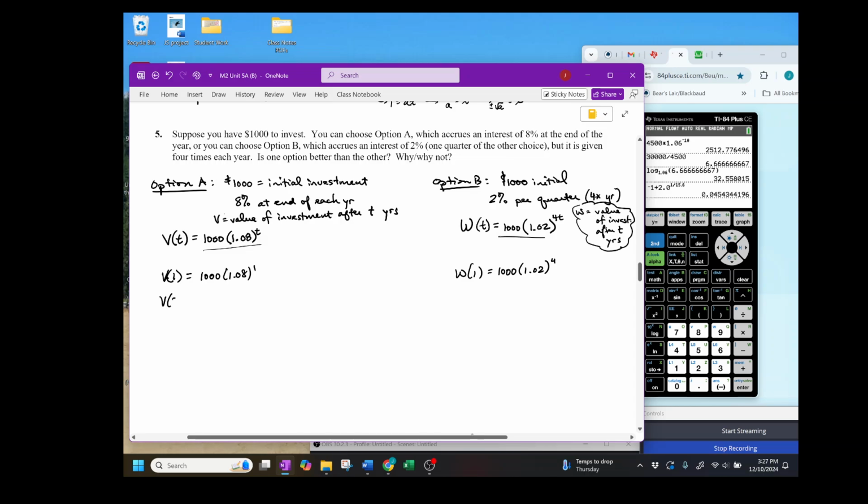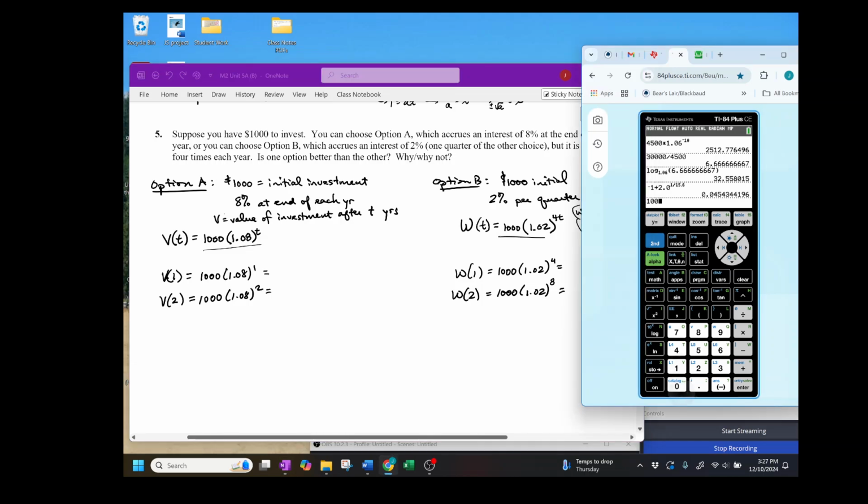And then if we look at V of 2, it's going to be 1,000 times 1.08 squared. And W of 2 would be 1,000 times 1.02 to the eighth, right? So let's actually plug some of these into the calculator and see what they equal.